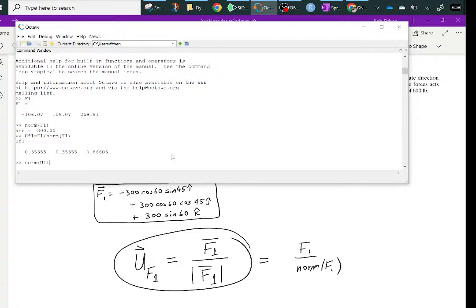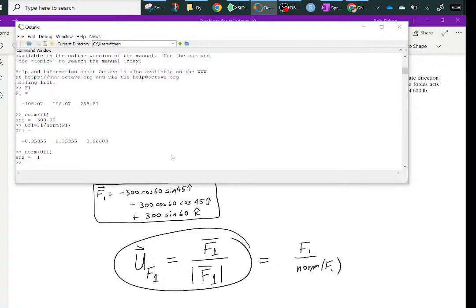Unit vector F1, what do you think that would be? That's kind of like Who's Buried in Grant's Tomb. So the unit vector has length of 1. That's the whole point of finding the unit vector.